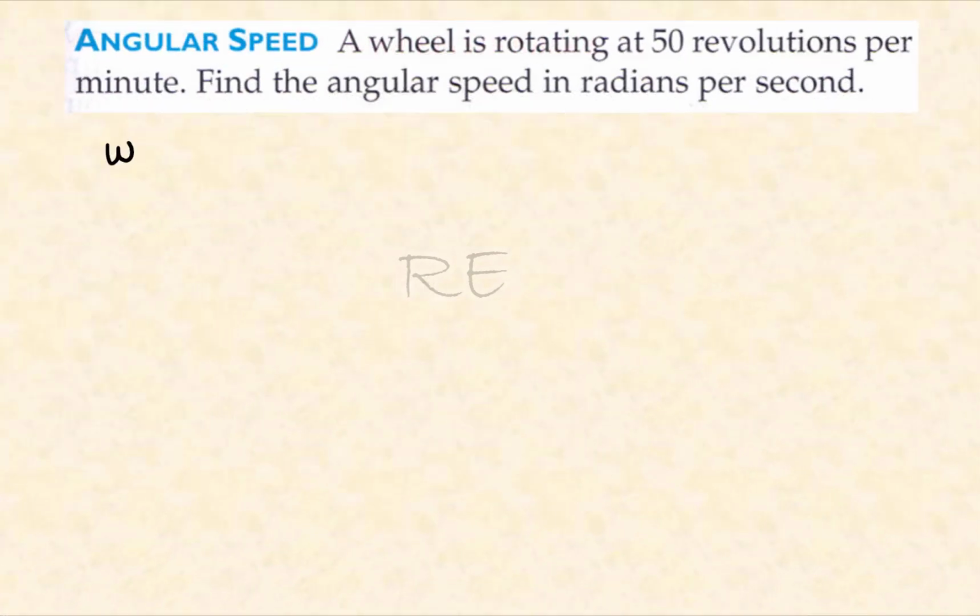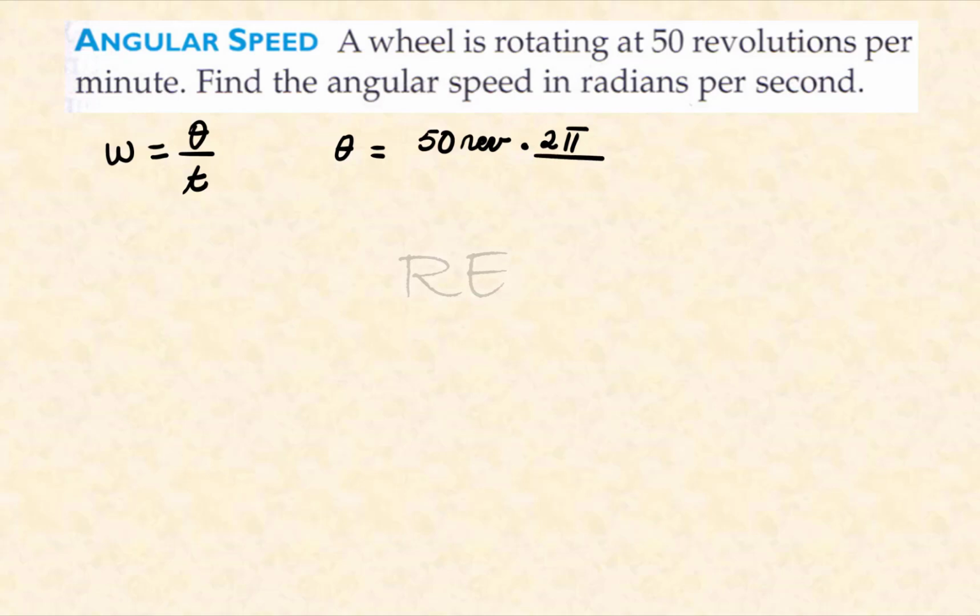A wheel is rotating at 5 rev per minute. We need to find the angular speed. Angular speed is equal to theta in radians divided by time. And theta is equal to 5 revolutions multiplied by 2 pi over 1 revolution.